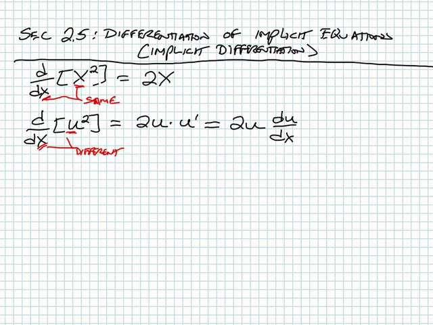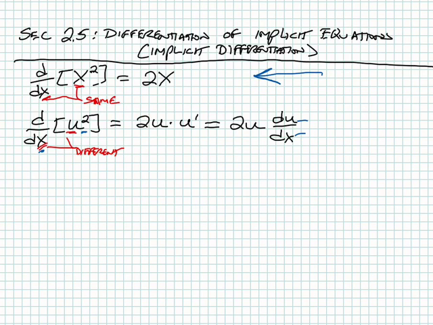Now, I want you to notice that when I'm looking at this u prime and I redefine it as du dx, that over here I've got u du dx, and over on the left-hand side, I've got this u and this x. And so when you're using the chain rule, and you've got different variables, you take the derivative like you normally would, but then you've got to multiply it by the chain, which in this case would be du dx.